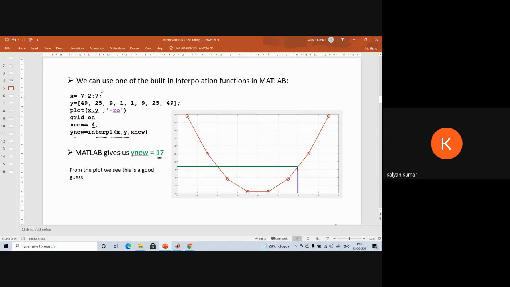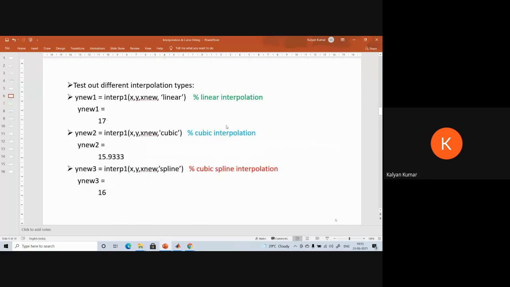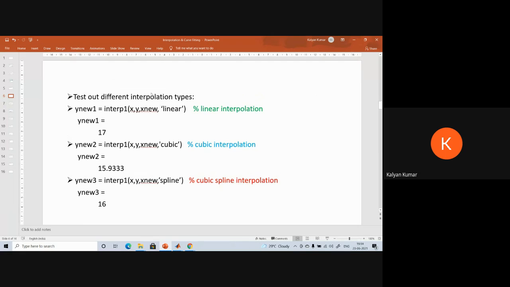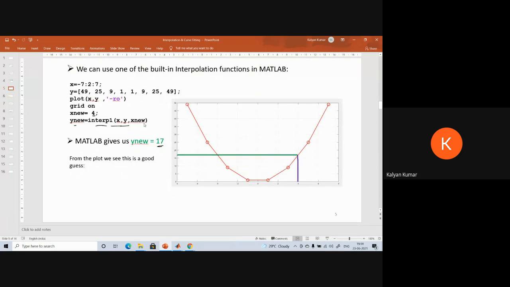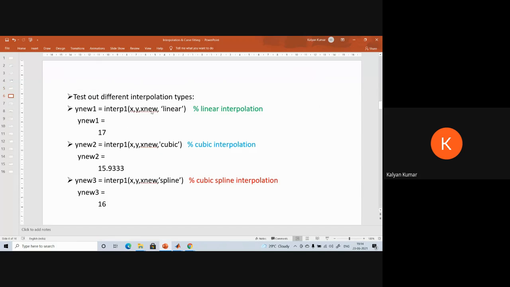Now, the other ways: this is linear. In the previous example, we have not given any extra input argument, just interpolate x, y, and the new x value, but here we have given the extra input argument linear. So it computes the line joining the 2 points as a linear function.